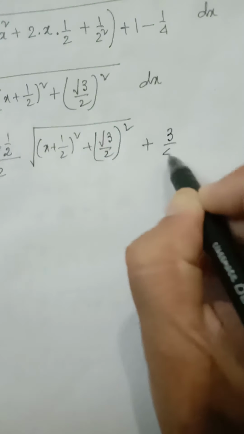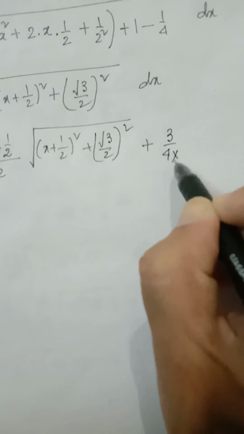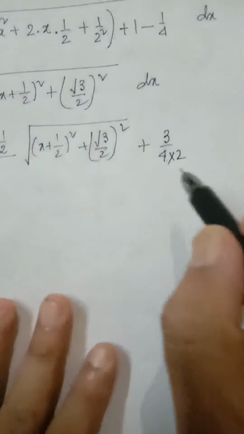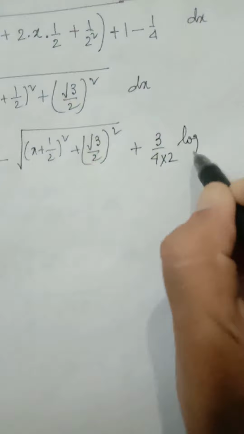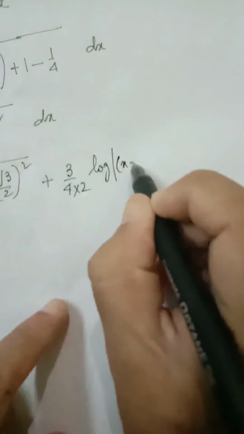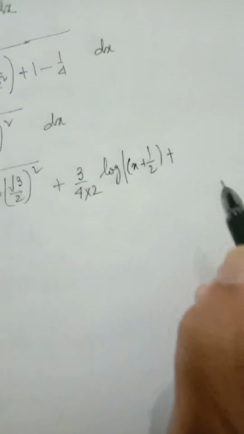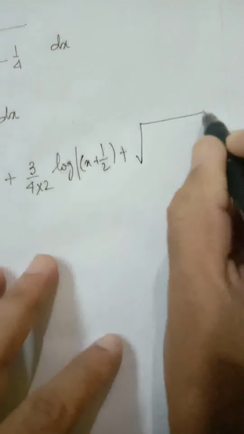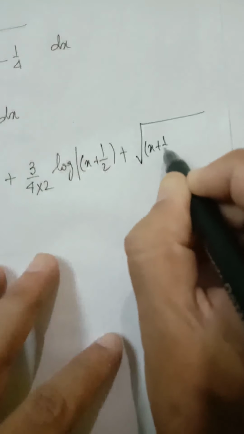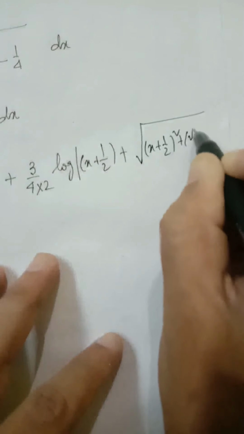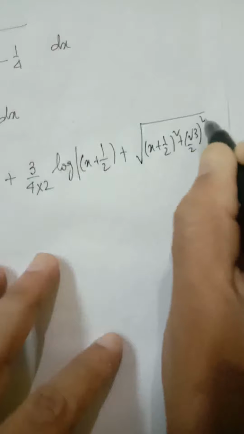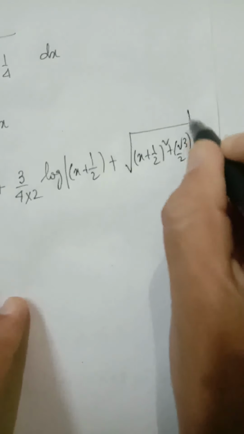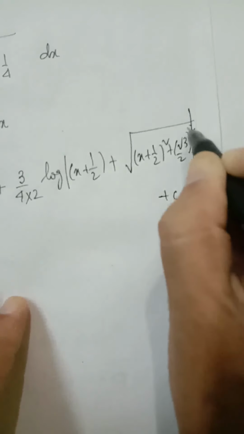A square is 3 by 4, so it will be 3 by 4 by 2, into log of x plus root over x square plus a square. It will be (x plus half) whole square plus (root 3 by 2) whole square. We have to close the bracket, plus c.